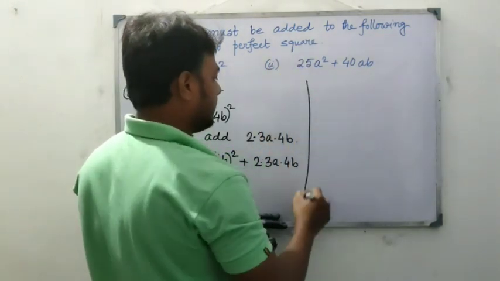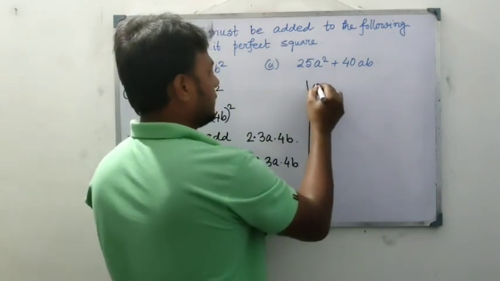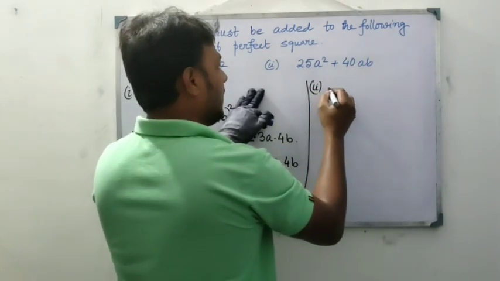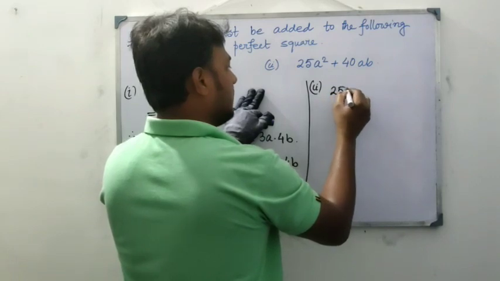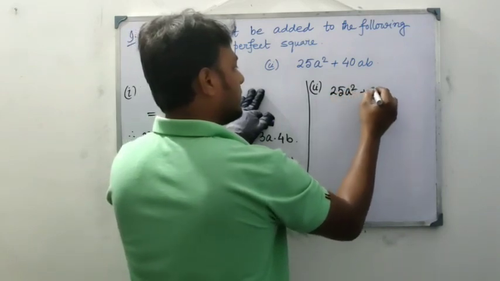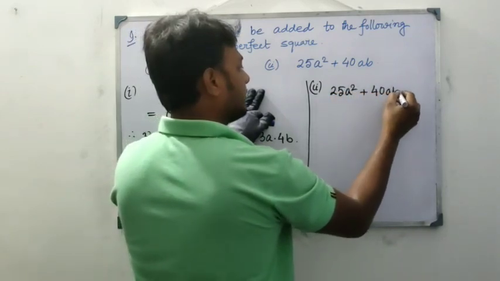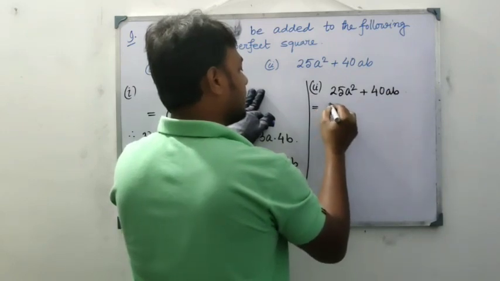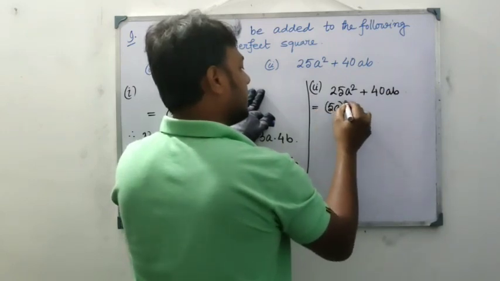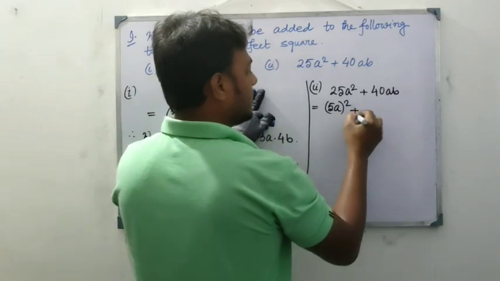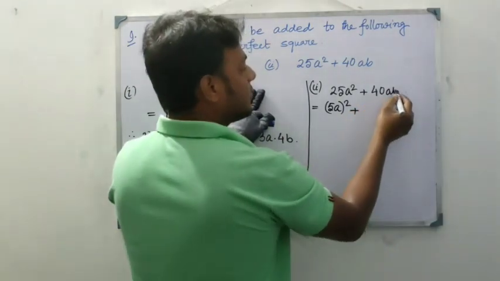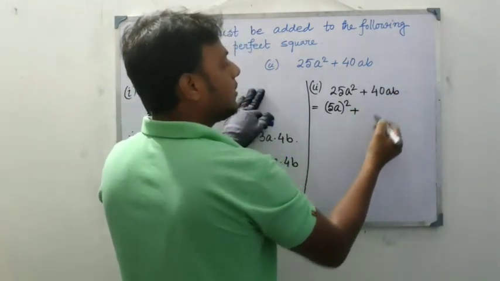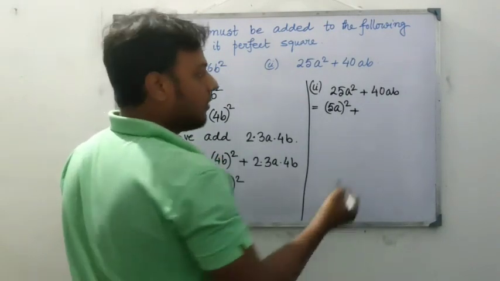For the second one, see, it is given that 25a square plus 40ab. So try to convert it. So this is 5a whole square plus ab term is there, so it is impossible to convert it into a square, only the 40ab.